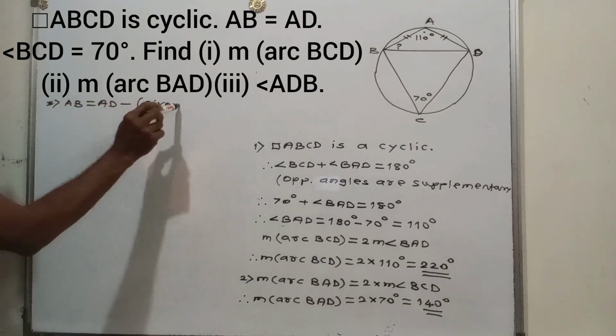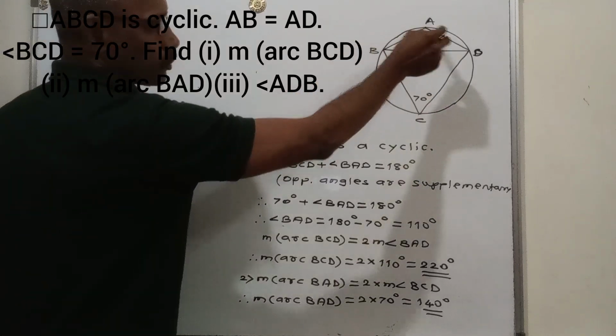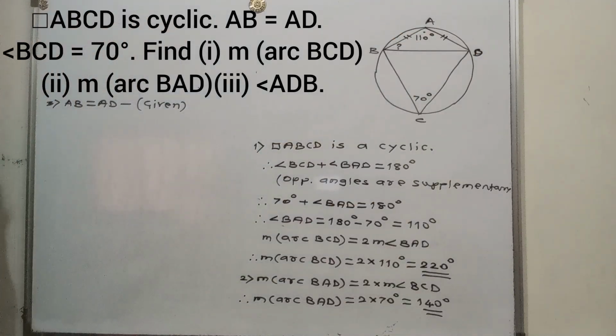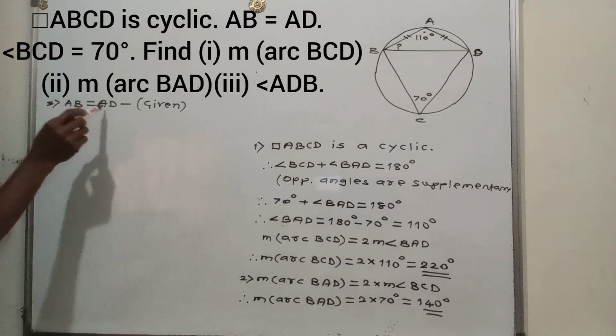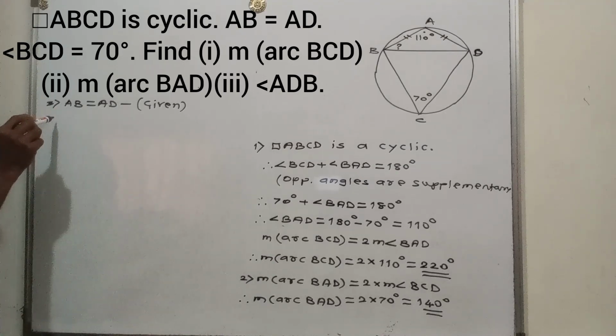If any two sides of a given triangle are congruent, then that triangle is an isosceles triangle. You have studied in 9th standard, page number 33, there is a theorem called the isosceles triangle theorem. If two sides are congruent, then opposite angles are also congruent.